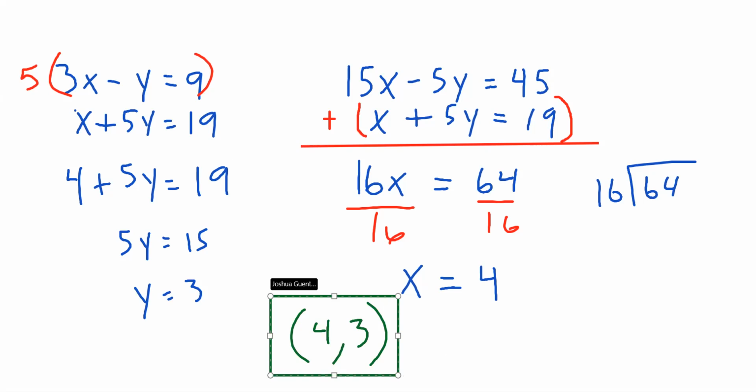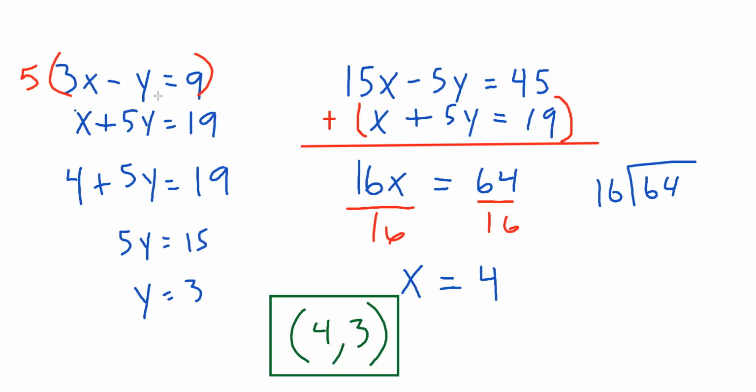So not so bad when you look at it. Elimination, so substitution has us substitute one of the variables for the other. If I had to solve this with substitution, which I'm totally allowed to do, I would have taken this second equation, moved the 5y over, and then I'd have x equals negative 5y plus 19.